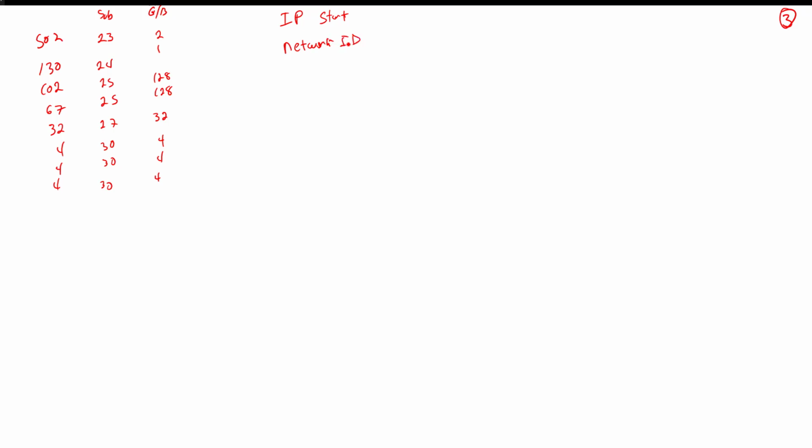Network ID. All right, we said we're starting with the 10 address. So what we need to do is very, very simple. For the first network, we need 502 hosts.